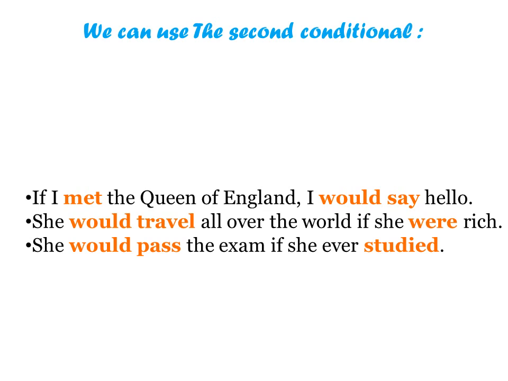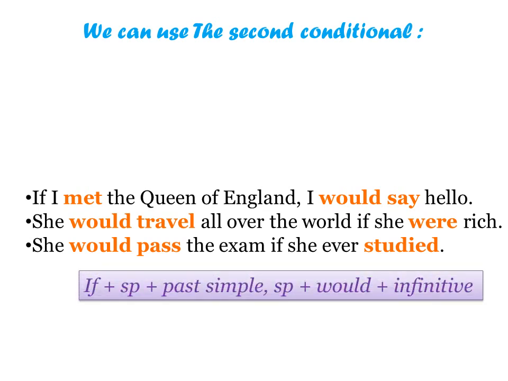So as you can see here, we have if plus subject pronoun plus the past simple, comma, subject pronoun plus would plus bare infinitive. It means infinitive without to. She would travel all over the world if she were rich, but in reality she's not rich, so she can't travel all over the world.